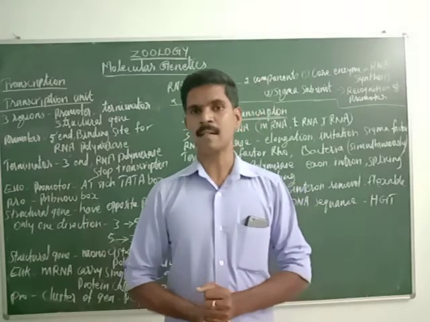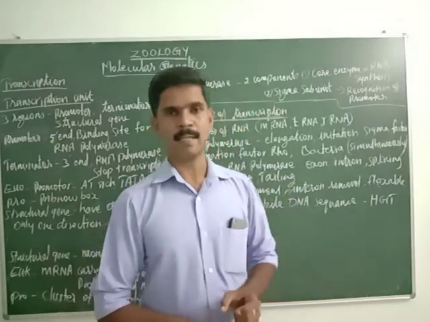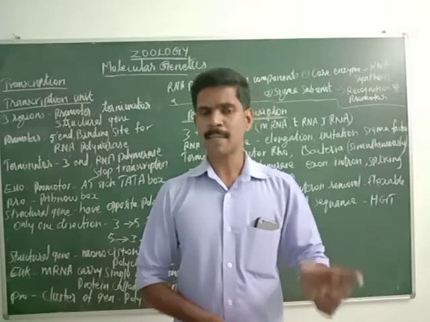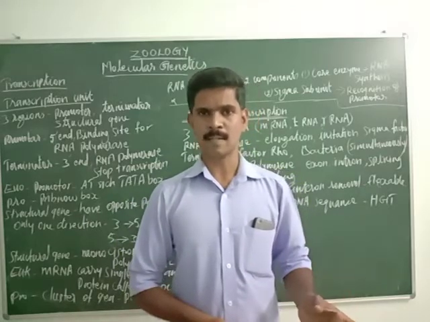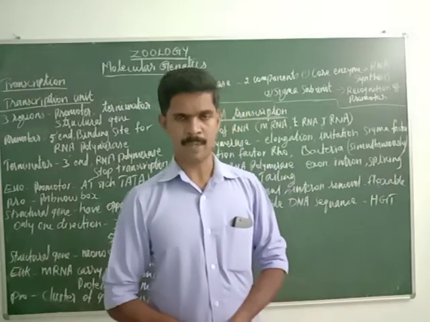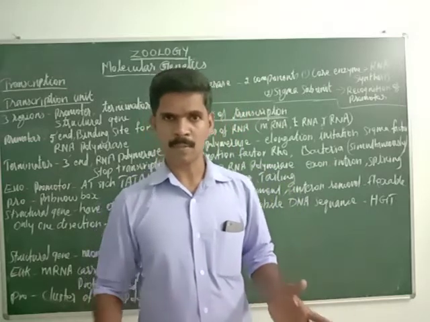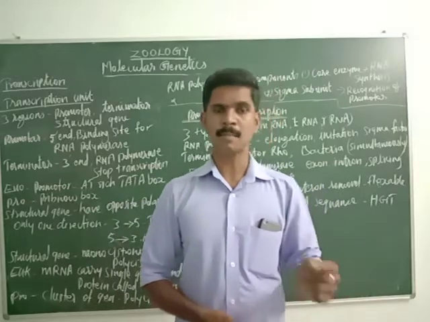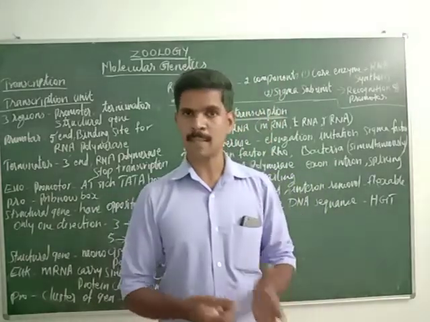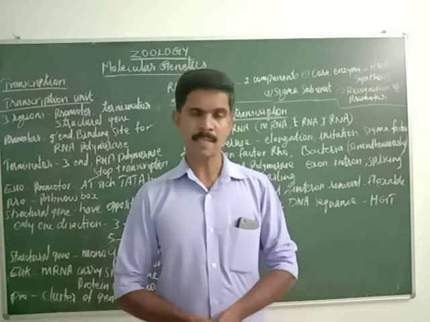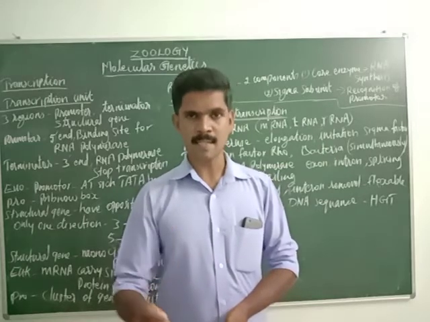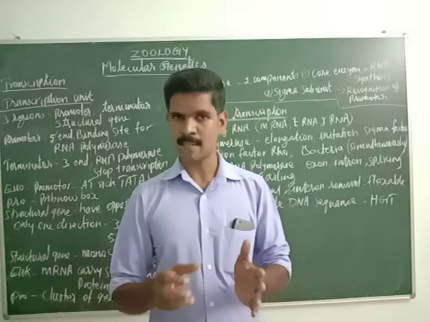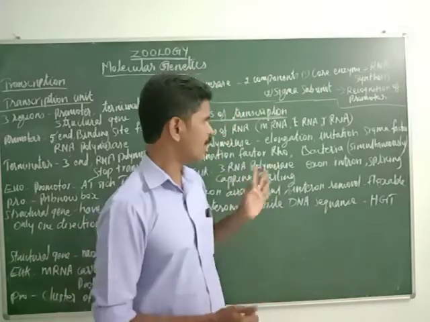The reason for this is that in bacterial cells the genetic material is not separated from the other cell organelles by a nuclear membrane. There is no particular nucleus. Because of this, translation takes place before transcription in some bacterial cells. Hope you all understood this point.